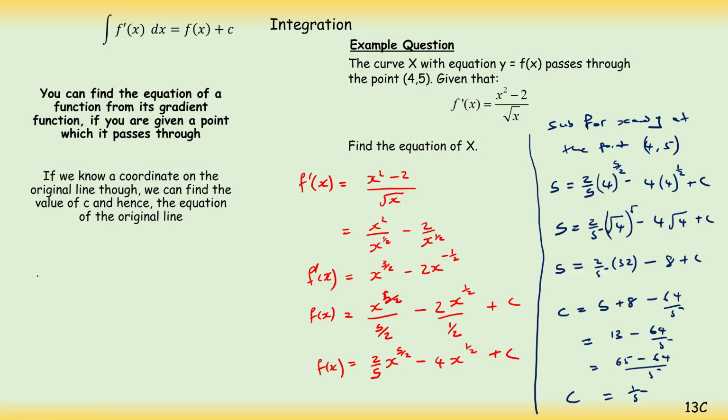So the original equation is given by this term here. f of x is equal to 2 over 5 x to the power of 5 over 2, minus 4x to the power of a half, plus 1 over 5.